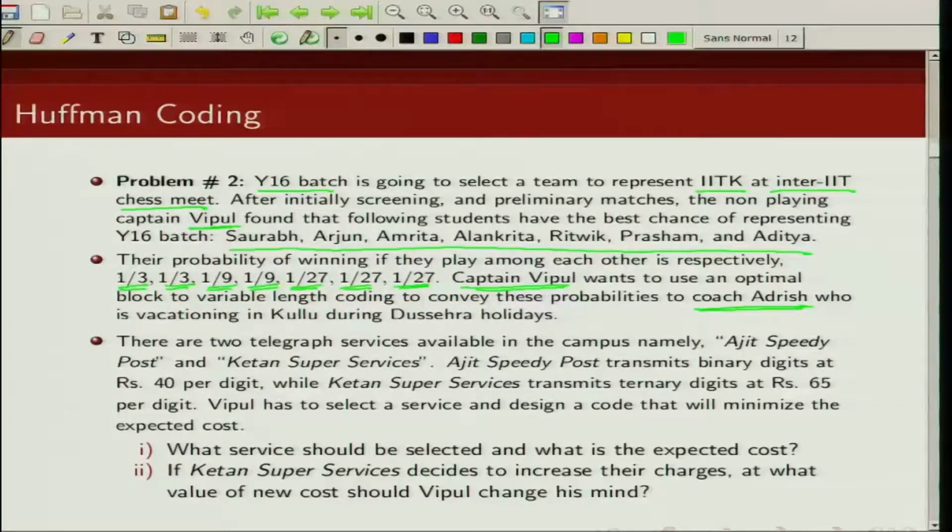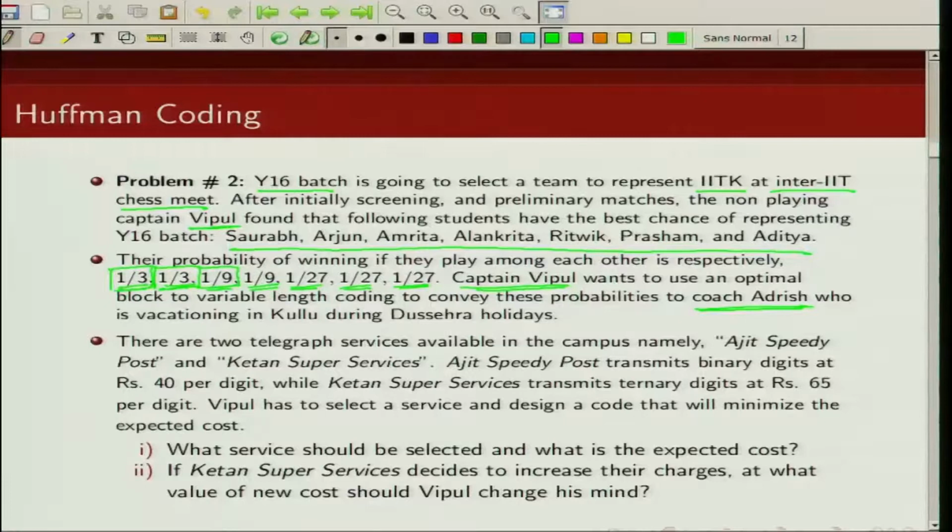He has to communicate essentially that these are the probabilities of winning of each of these team members. So essentially we have a random variable which has 7 possible values.